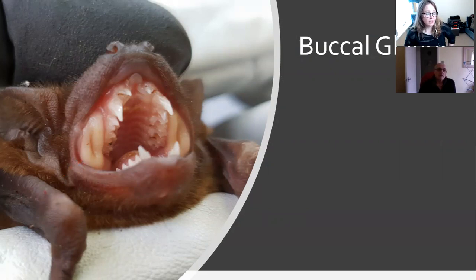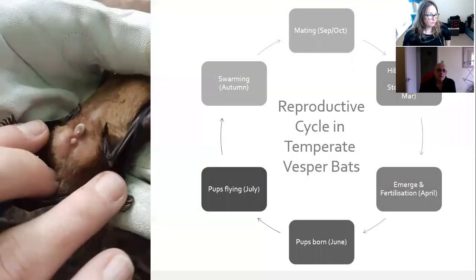In the case of noctules, they've been documented anointing their roost entrances using these. So they basically do what a cat does when a cat rubs on you to get its smell on you. So these are very prominent in breeding males of the species that have them.